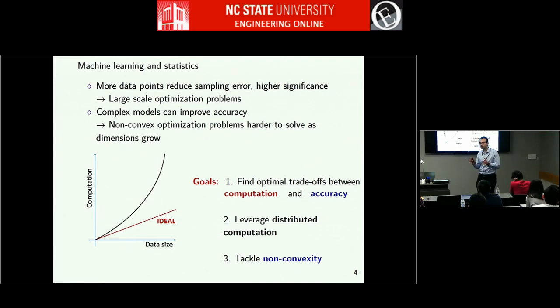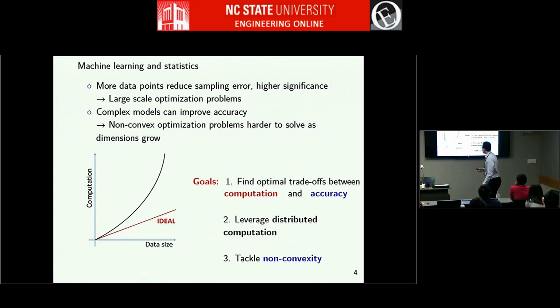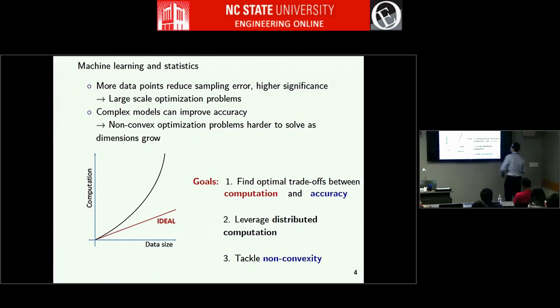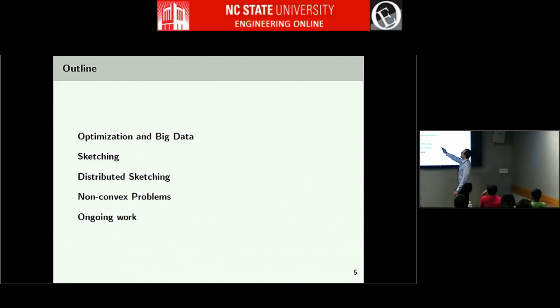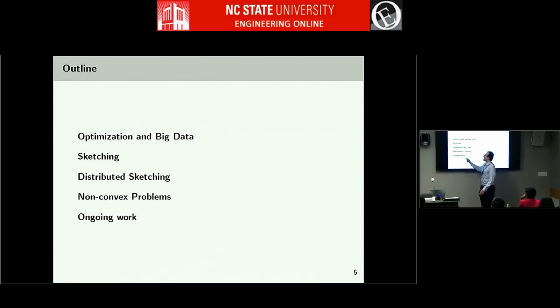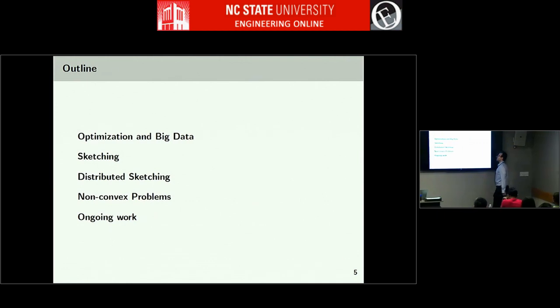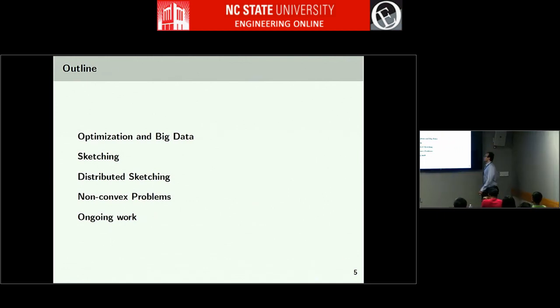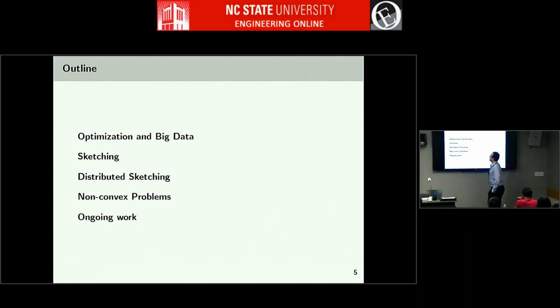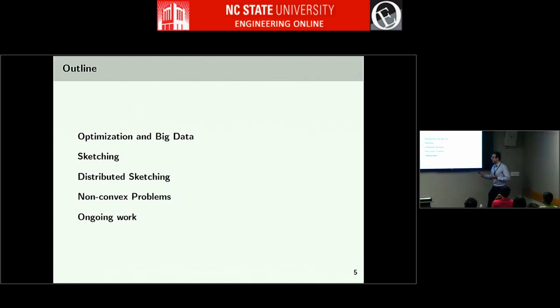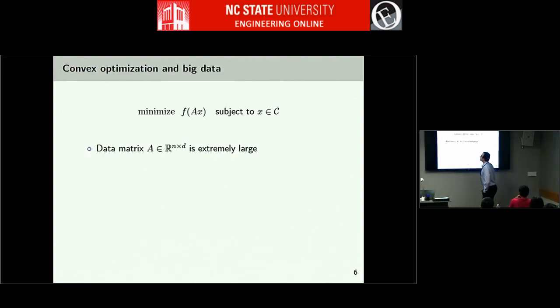Can we prove maybe global optimality? So these will be the three goals in the talk. I will talk about sketching, describe what it is, and then how it works in a distributed environment when you have multiple machines and multiple threads. Then I will introduce some non-convex problems and talk about sketching in non-convex problems, and then describe some ongoing work.